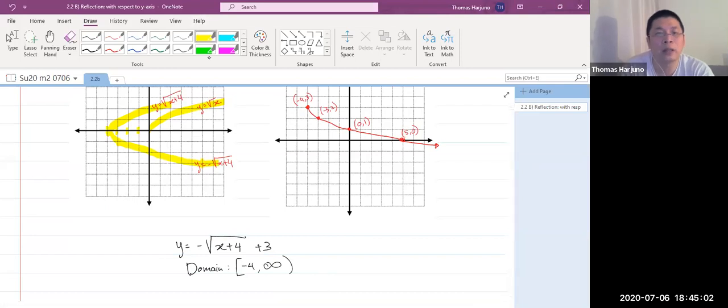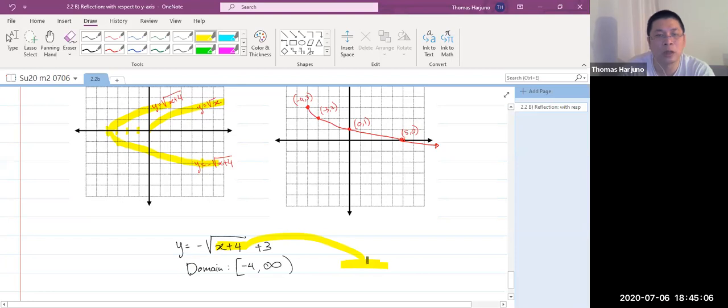But the way we get that is really that the expression inside the radical has to be greater than or equal to 0, so x is greater than or equal to negative 4. That's how I get this.